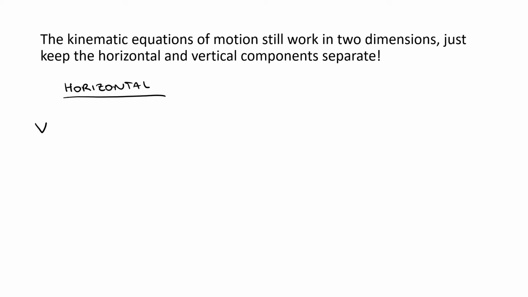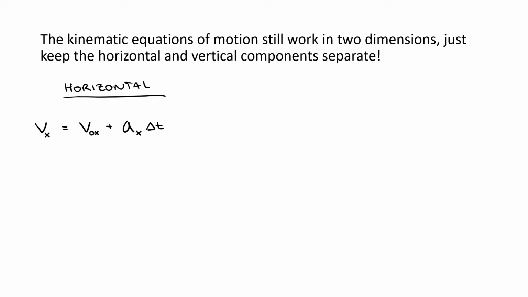So this is v sub x. That's just like a little name tag on this velocity term. v equals v not x. So this is the initial velocity in the horizontal direction, plus acceleration in the x direction, so the horizontal acceleration, times the change in time.